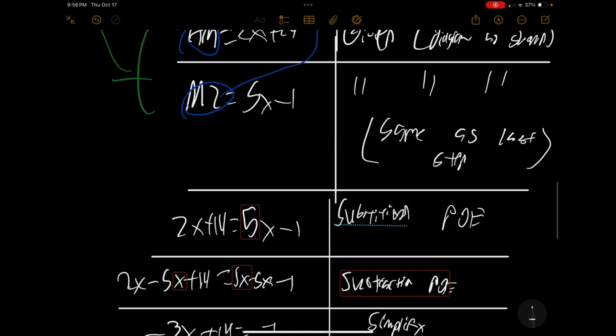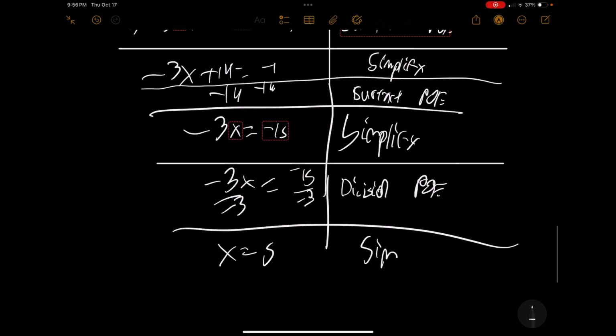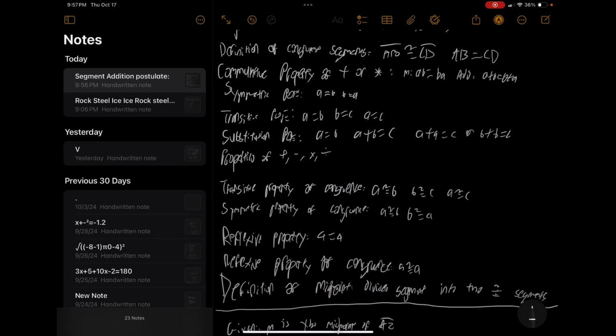And now we've proved it. X equals 5, and this is simplified. So that's officially your first two-column geometric proof.